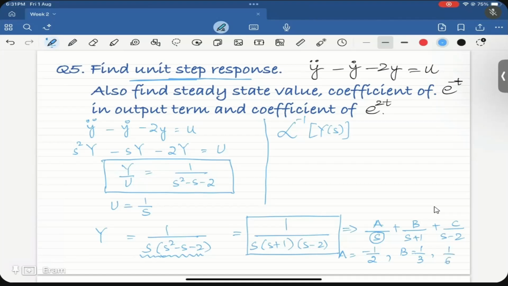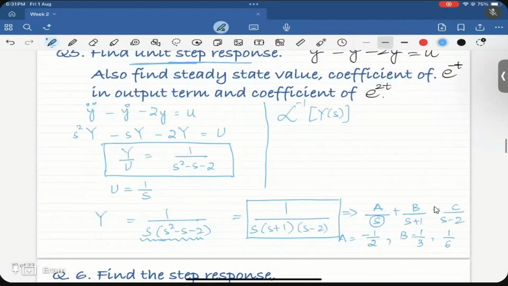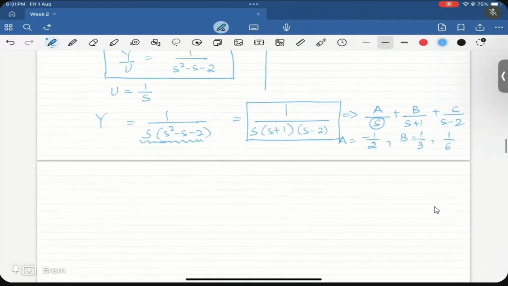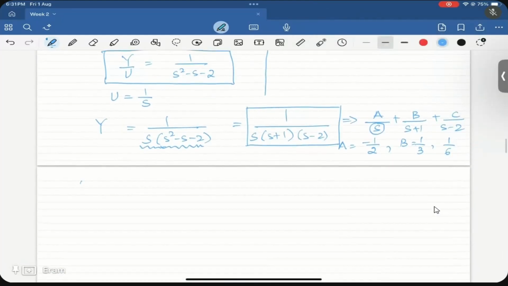Okay. So how we are solving it? What I am saying is, for a, you have to multiply with s and then put s equals to 0. So this will cancel out and this will give you -1 by 2.